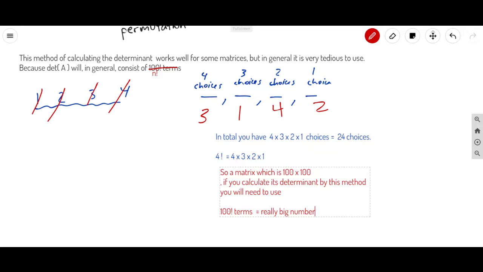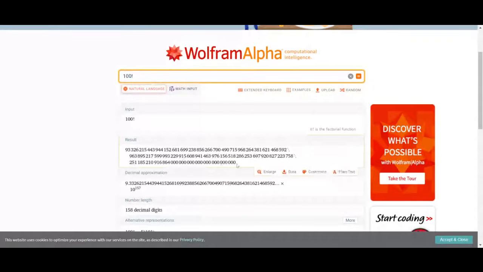Okay, let's not even say how big that number is. That's a really big number. If you want to see how big that number is, fortunately, Mathematica can do that for us in just a second. You just want to see how big that number is, okay? That's 100 factorial. There it is, 100 factorial.